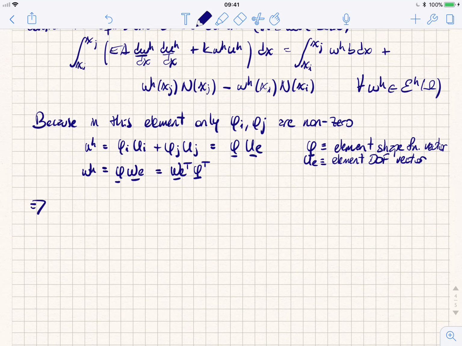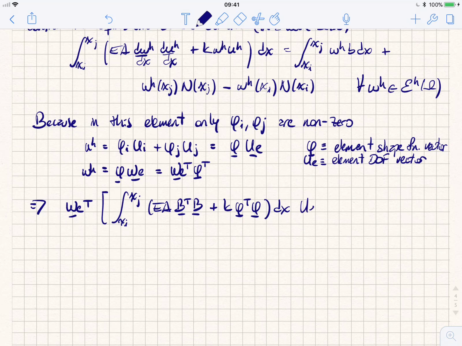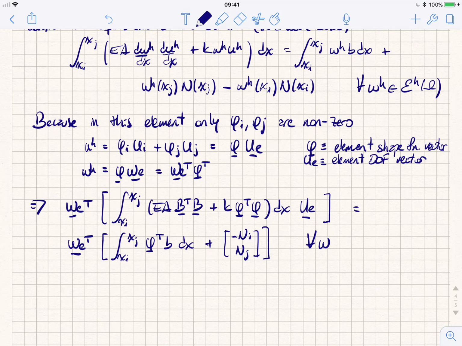What you get is the integral over xi to xj of EA B transpose B plus K phi transpose phi dx times UE is equal to the integral of xi to xj of phi transpose B dx plus, minus Ni and J, and then this is for all W.